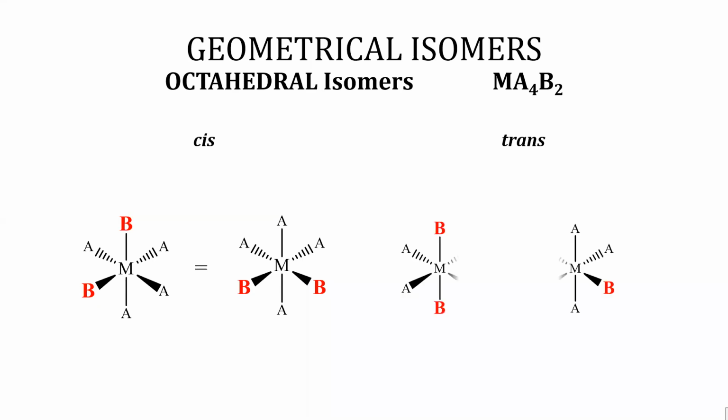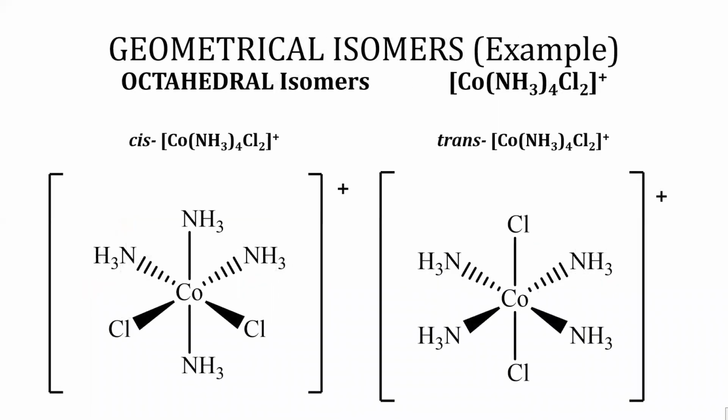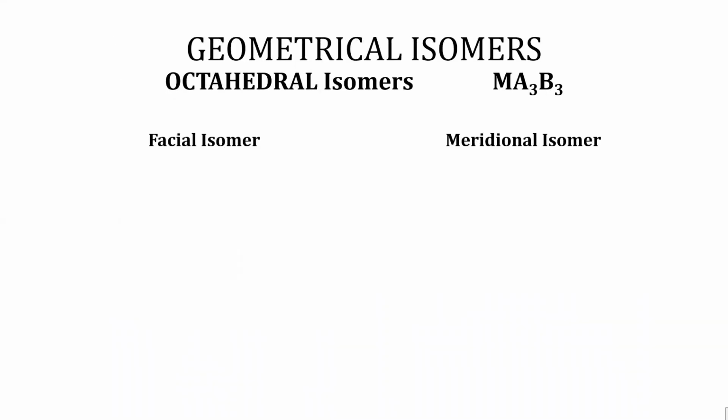The trans isomer has the B ligands on opposite ends of the two respective trigonal planar structures. An example of this isomer is [Co(NH3)4Cl2]+.